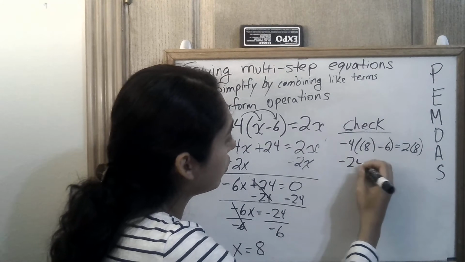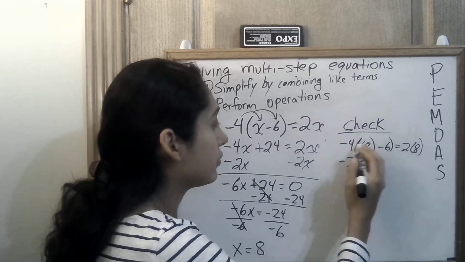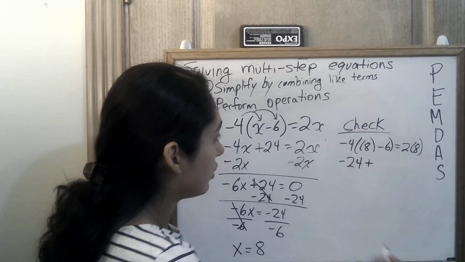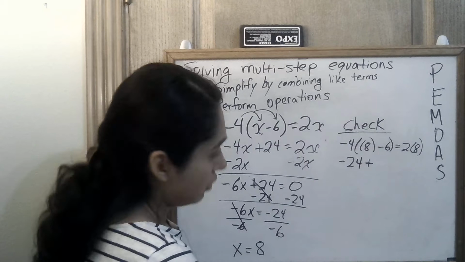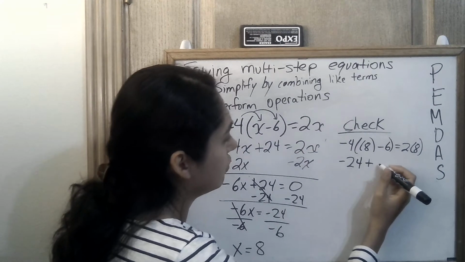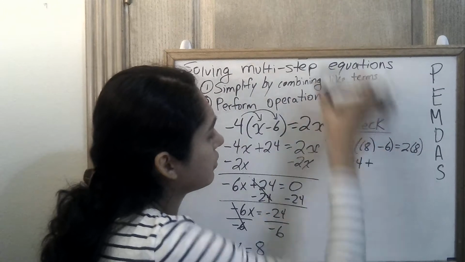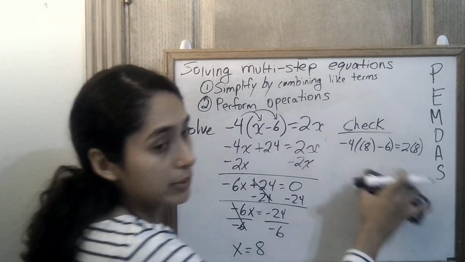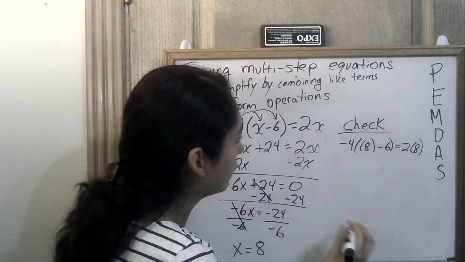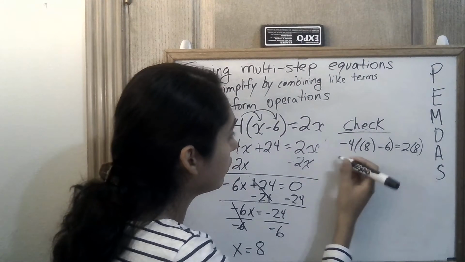Negative 24, and then a negative and a negative equal positive. 4 times 6 is 24. I'm sorry, I did something wrong here. See, this is why we do checks.